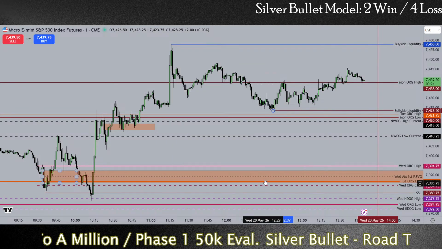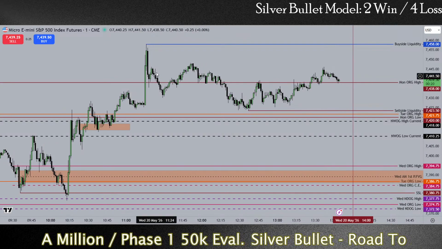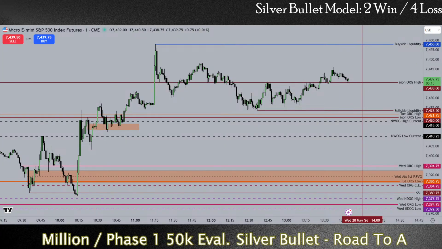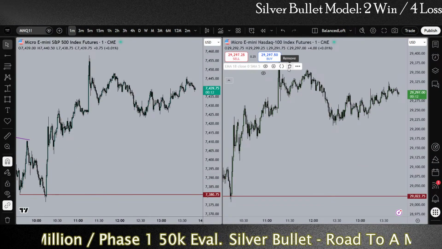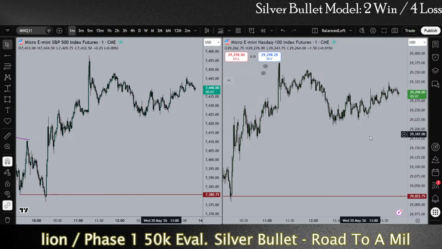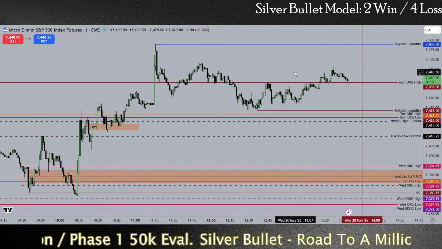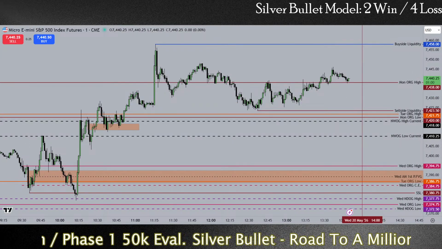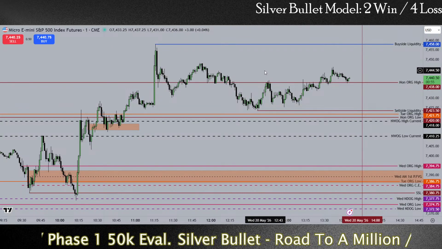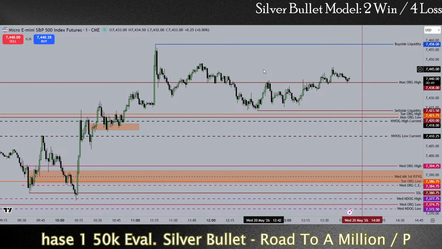So these are the closest proximity liquidity pools that we have available on ES. Same on Nasdaq, the same high and the same respective lows. So pretty symmetrical markets, as they're looking very similar.